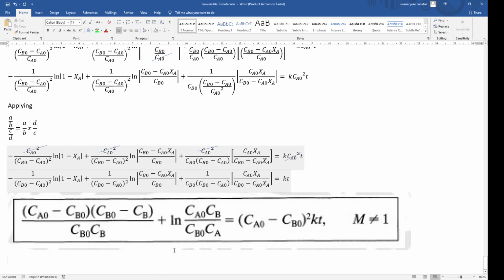So the equation looks like this. Our main goal is to have an equation like this.